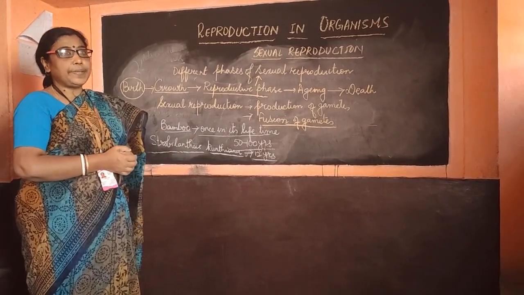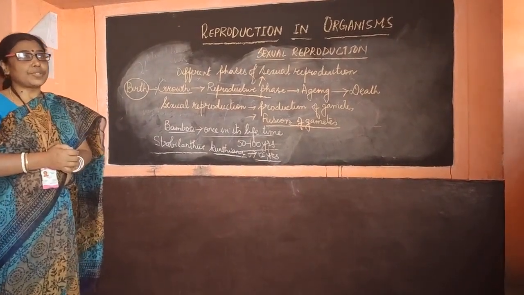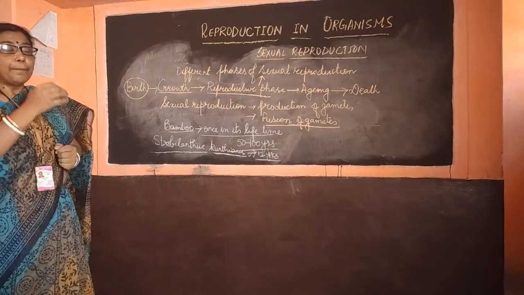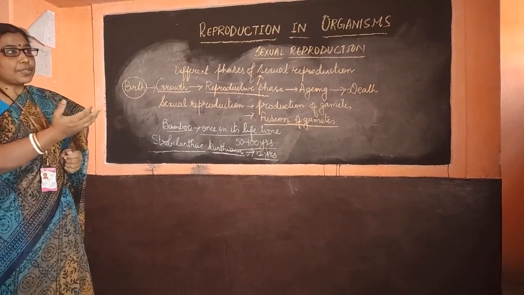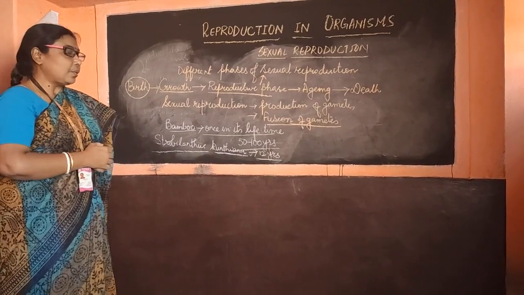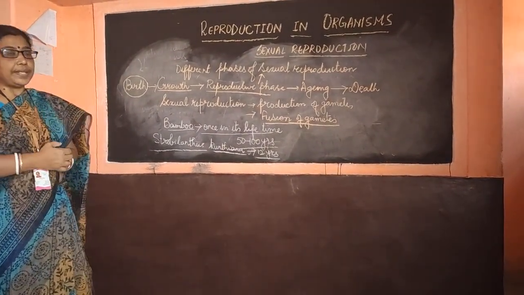But in seasonal breeders, especially the wild mammals, they have reached the reproductive phase, but they will be able to undergo reproduction only during favorable conditions, and they are known as seasonal breeders.